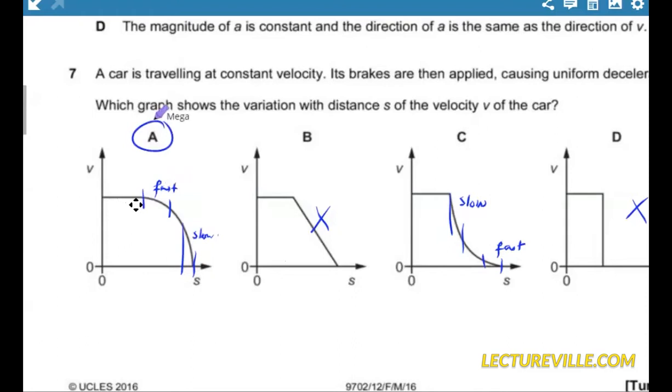If we make the same gap, look, same gap, this distance is travelled with more speed, and this distance travelled with less speed. So this is how the graph should go down. This graph is showing that the object is slow here and fast here, which is not the case. It is fast here and slow here. So graph should be like this.